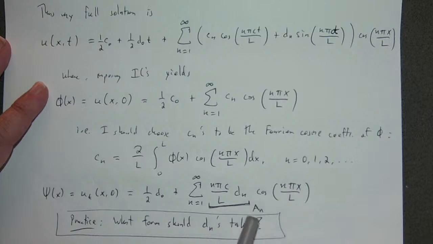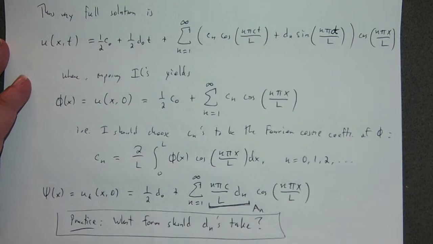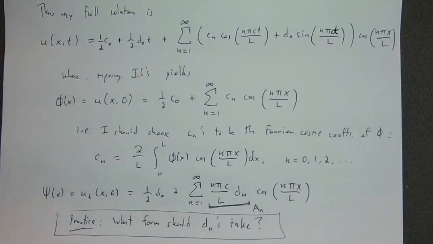If I do that and define a naught to be d naught, then what I get are the Fourier cosine coefficients. I can write those things out, and then see how that gives me a formula for my d sub n's.